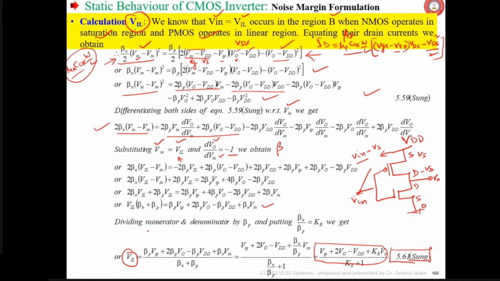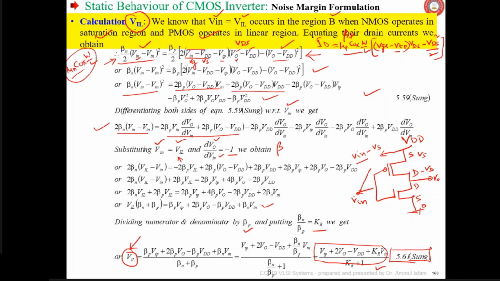Now dividing numerator and denominator by beta p and putting beta n by beta p equals kr, we get VIL equals this. This is the ultimate expression: Vtp plus 2Vo minus Vdd plus kr Vtn by kr plus 1. We can get the value of VIL from this equation.